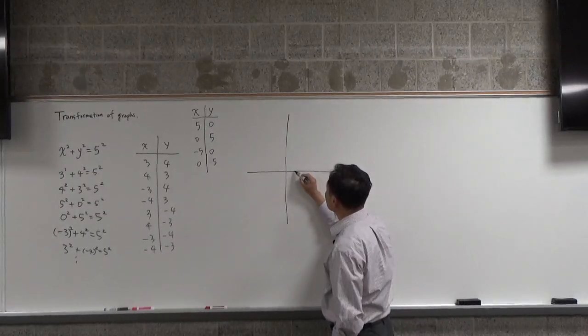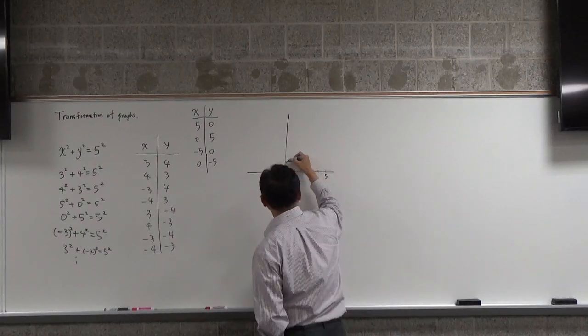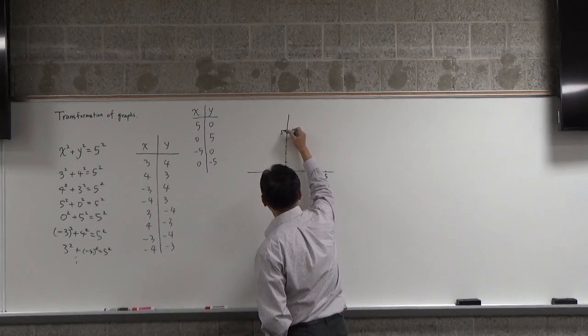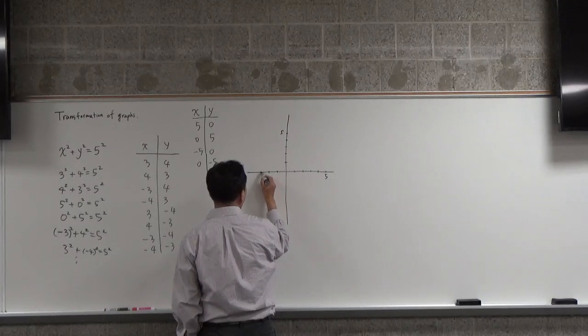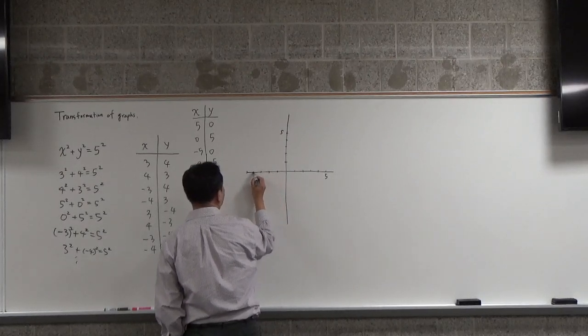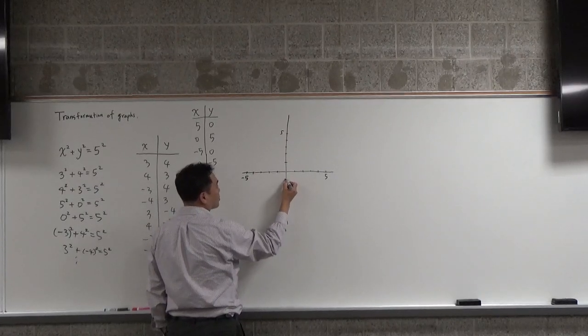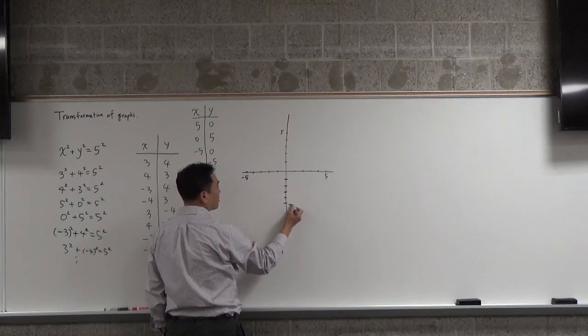So if you do 1, 2, 3, 4, 5 here, 1, 2, 3, 4, 5, then 1, 2, 3, 4, 5. There'll be negative 5 here. Then 1, 2, 3, 4, 5, negative 5.